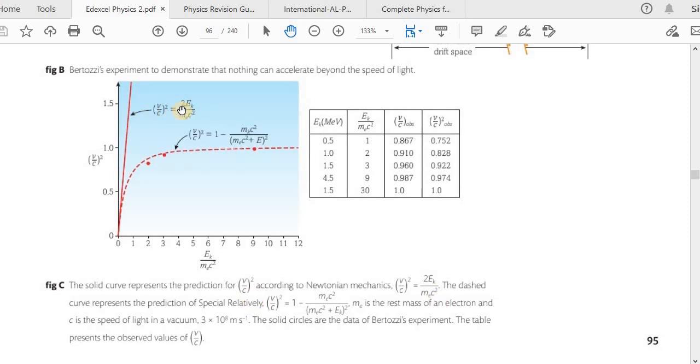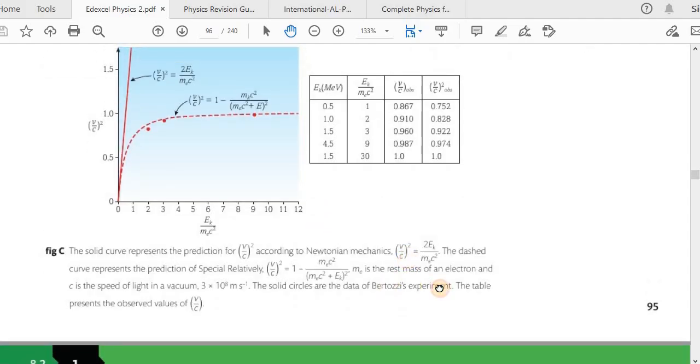We can see this here. The dashed curve represents the prediction of special relativity. So you can see the same equation there.